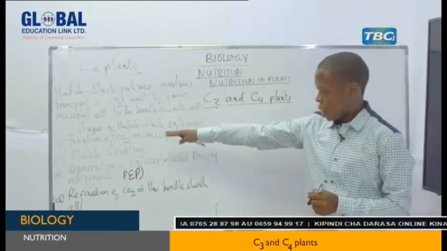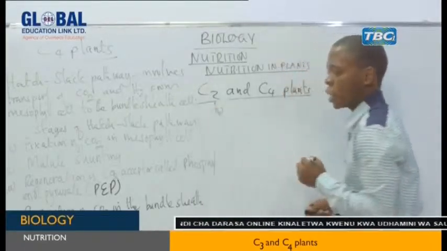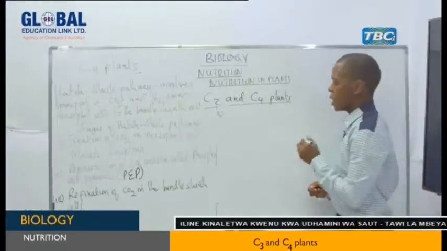Okay, let's see how these stages occur. The first stage, as you said, is fixation of carbon dioxide in the mesophyll cells.